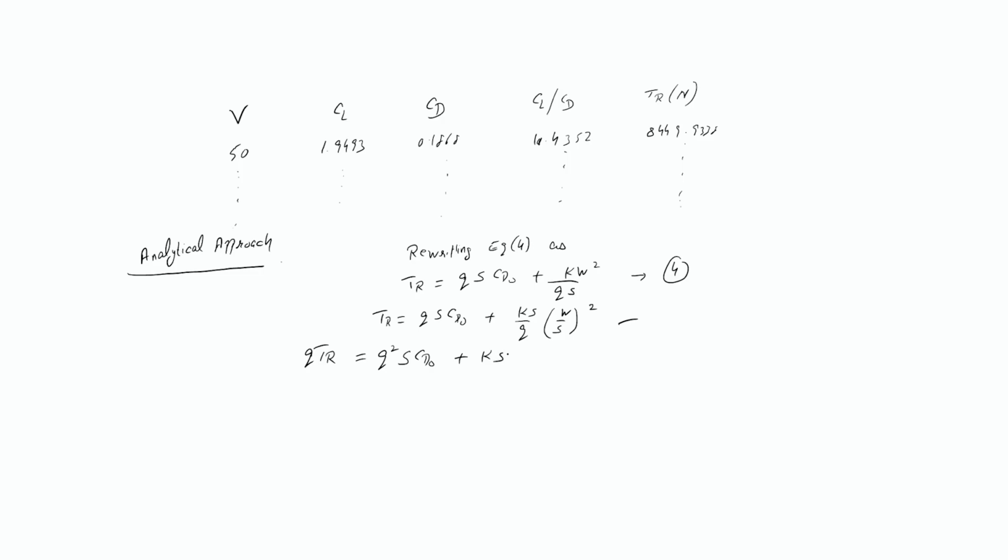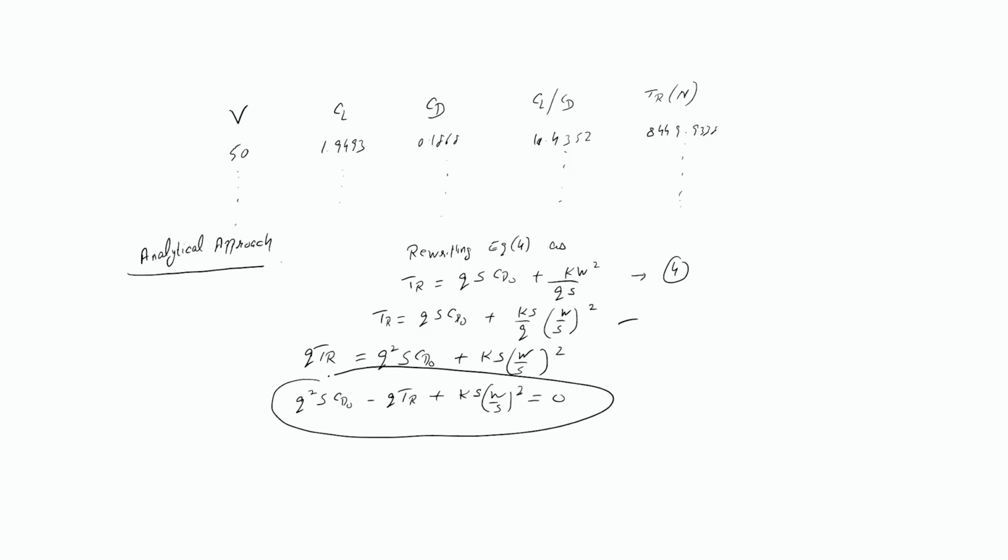So now I can write here q square S CD naught minus q into TR plus K S, W by S whole square equals to 0. Now this is the quadratic equation, right?